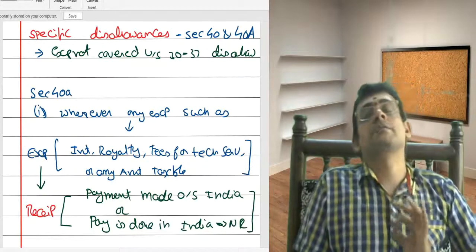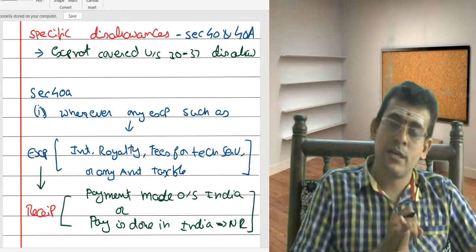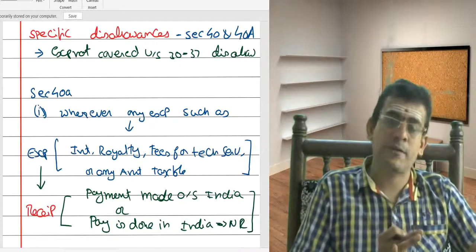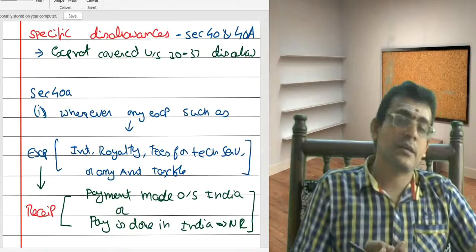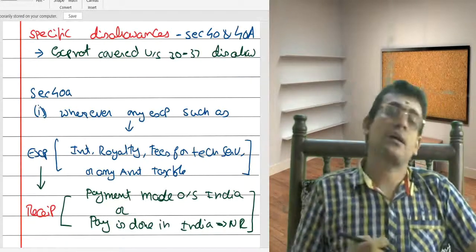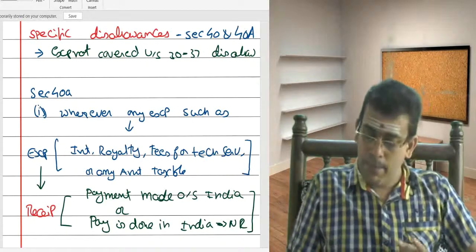Then 40A is applicable. Whenever any amount such as interest, royalty, technical fees, or any other taxable amount is paid outside India or is paid in India to a non-resident, then 40A is applicable.